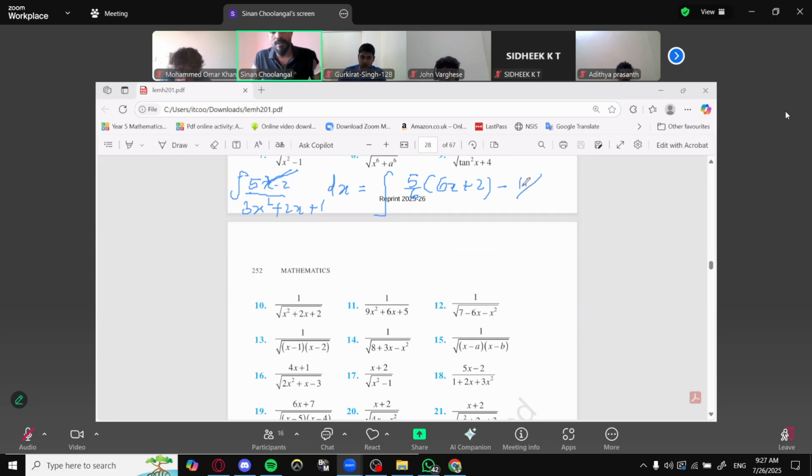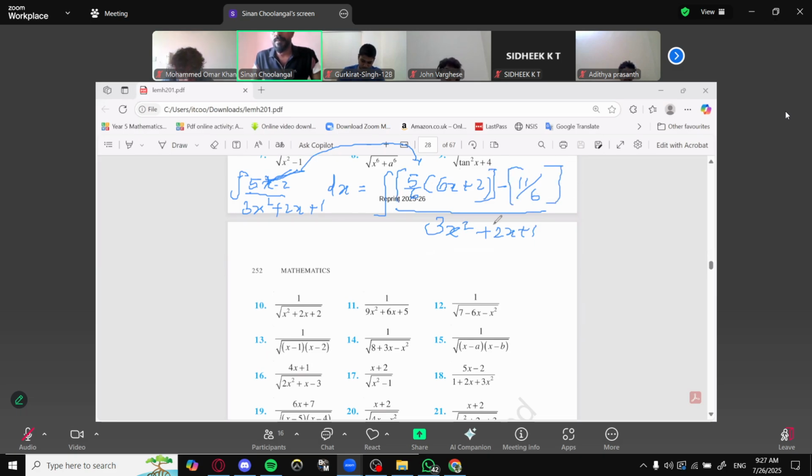What was the b value? Negative 11 by 3. Okay, fine. Thank you. The whole is divided by the expression 3x square plus 2x plus 1. So the first box I applied, that's how 5x minus 2 is converted like this. Now you can separate this as two integrals.